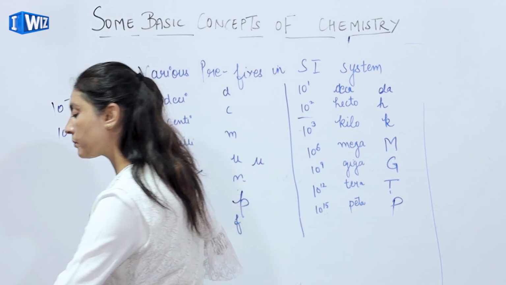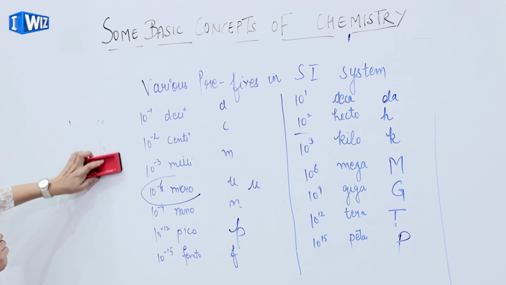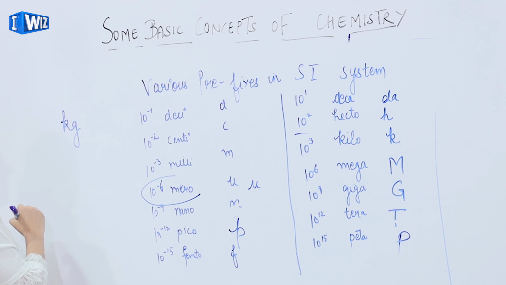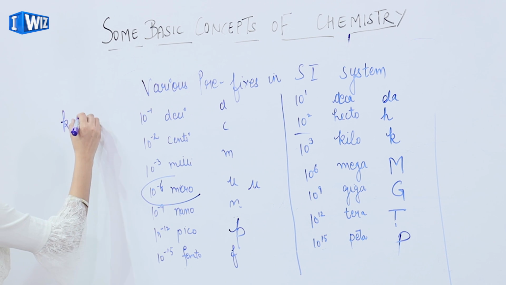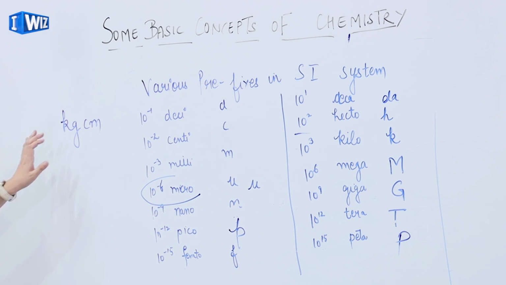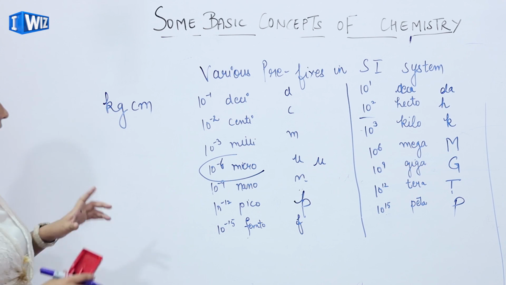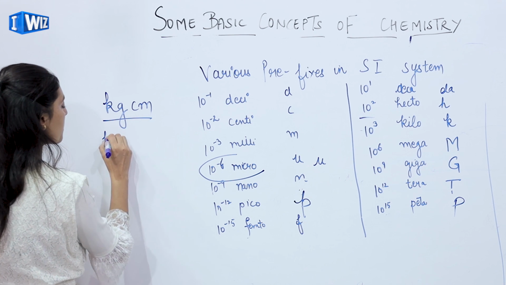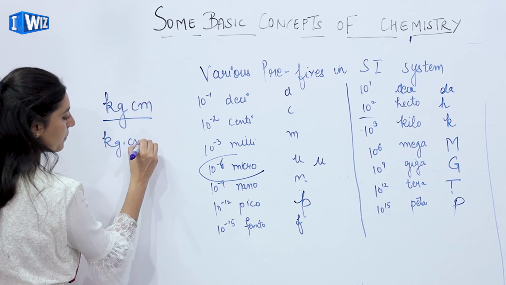For example, if I have to write two units together, let's say kilogram and centimeter, the very first thing is that there should always be a gap between the two, or I should use a symbol which is of the product.